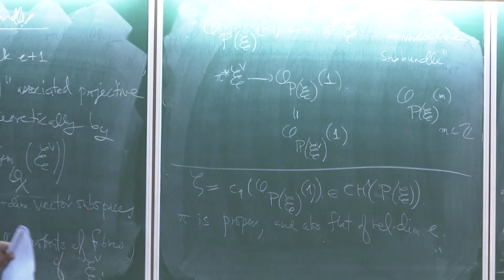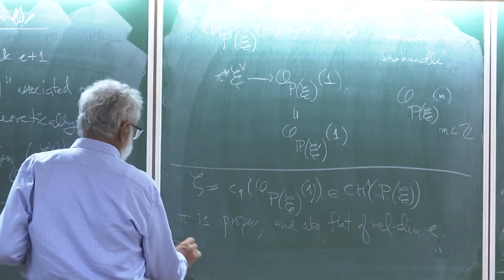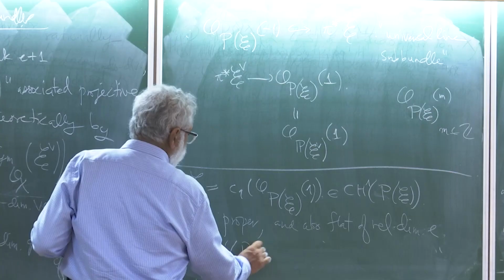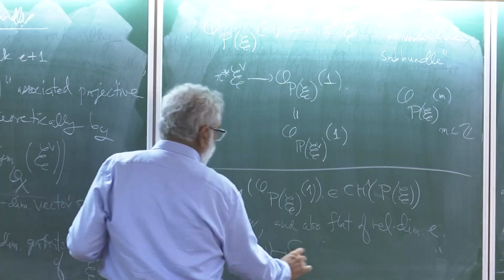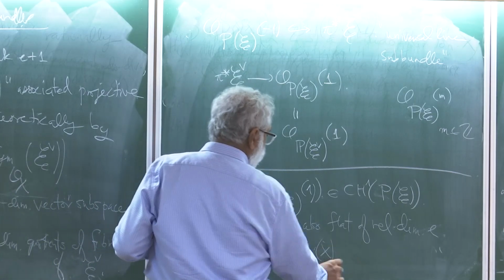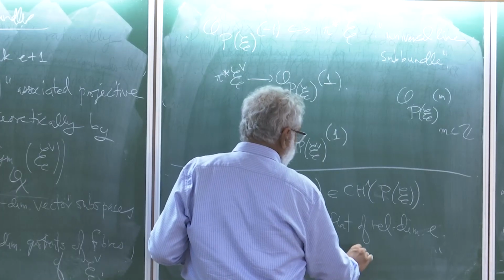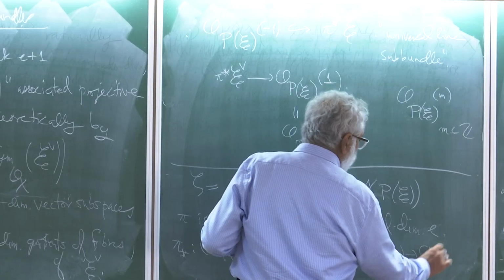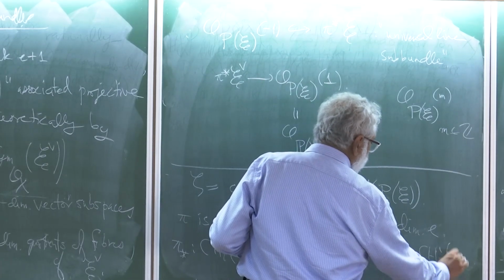So I have operations pi lower star as well as pi upper star on cycles. Therefore I have pi lower star from Chow_i of P(E) to Chow_i of X. And I also have pi upper star, which goes from Chow_j of X to Chow_{j+e} of P(E).